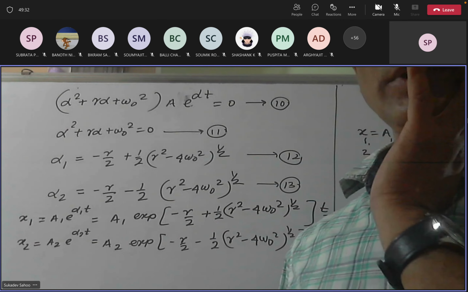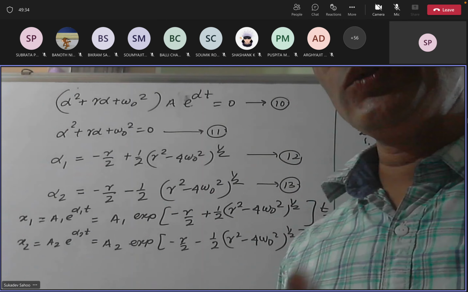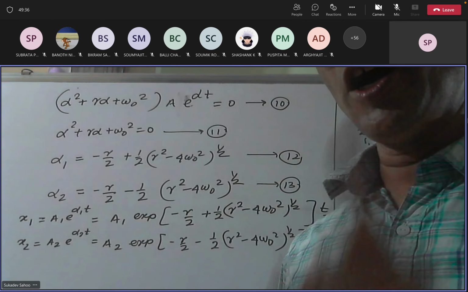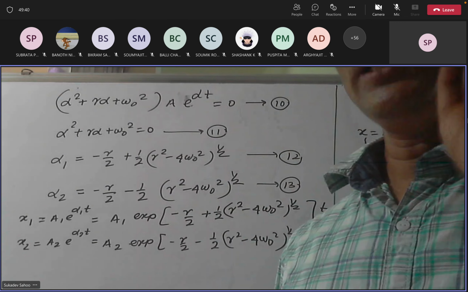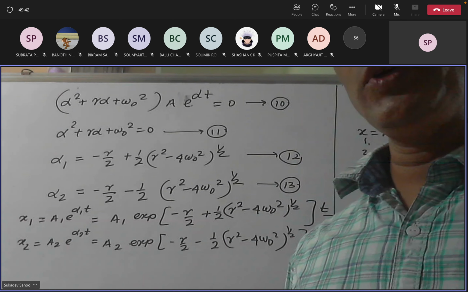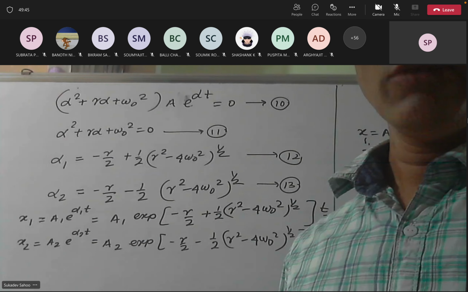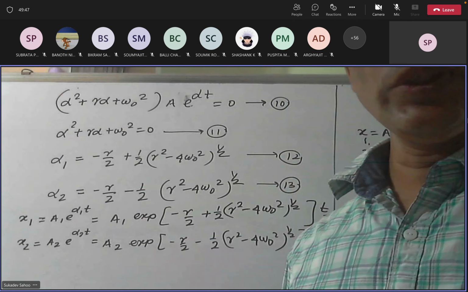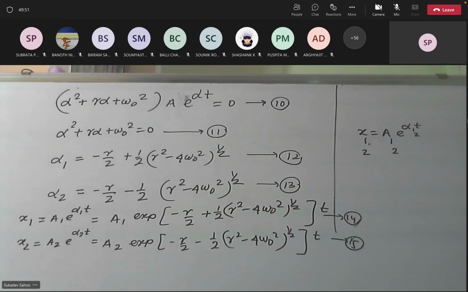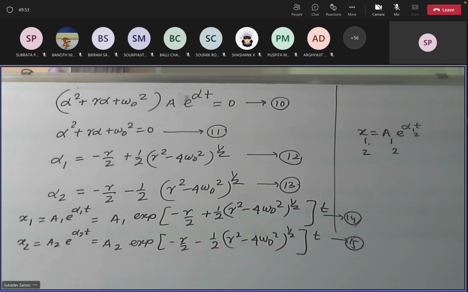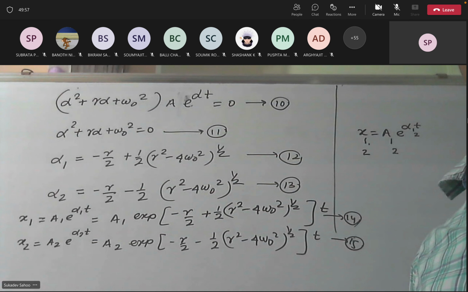Again you note down, if x1 and x2 are two solutions of a linear differential equation, then according to the superposition principle, their sum x, which is equal to x1 plus x2, is also a solution of that linear differential equation. Already we have read it is applicable only to linear equations.